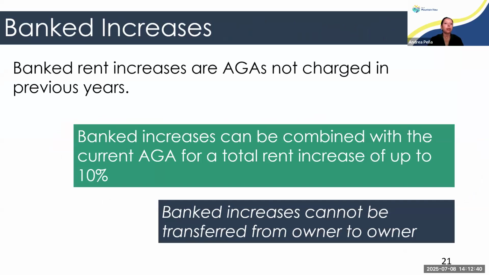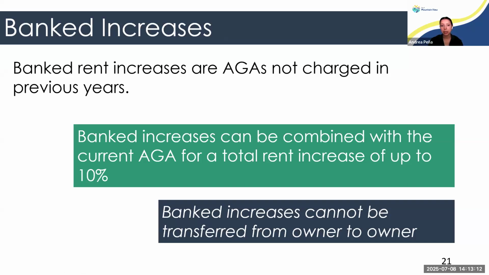Okay, so you may be wondering, how can you give a rent increase that may be larger than the AGA? One way is through a banked rent increase. So banked rent increases are when you apply previously unused or partially used AGAs from previous years. So banked increases from past years can be combined with a current AGA for a total of 10%.